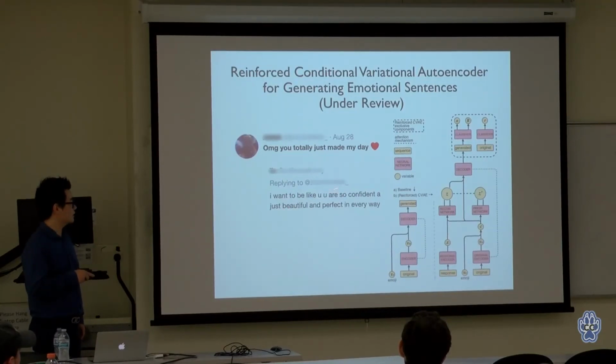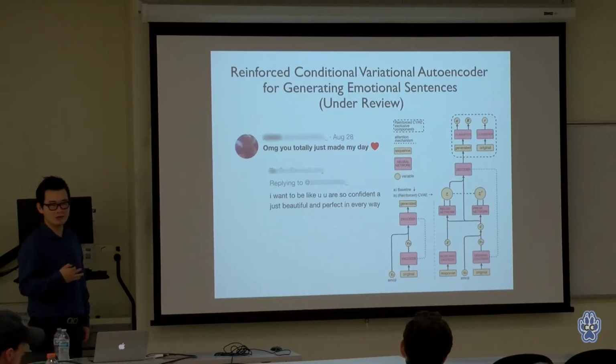Okay, so what we did is that if you're using this emoji, we say this is probably the emotion label that you implicitly labeled for that sentence, right? And then we can build deep learning models and try to see whether we can teach machines to generate emotional sentences, right? So it turned out to be very successful.